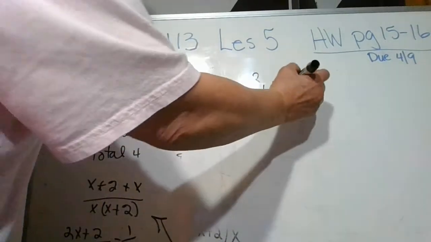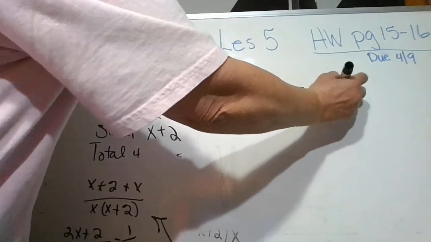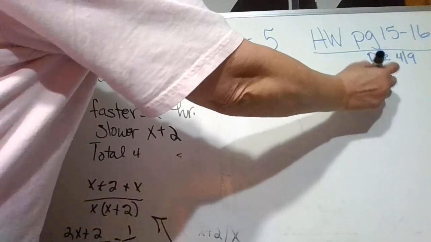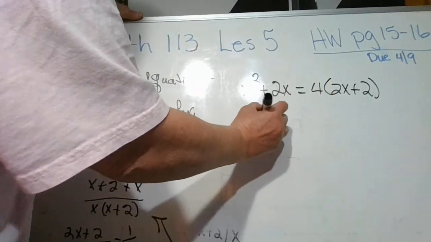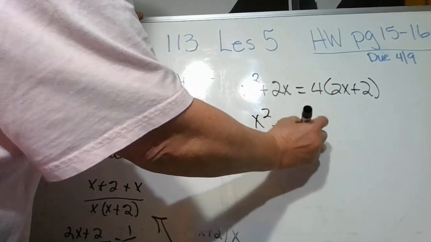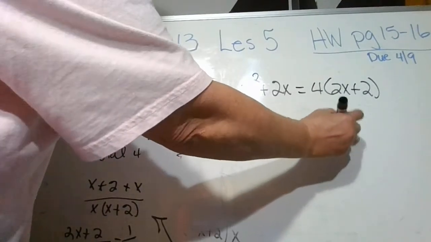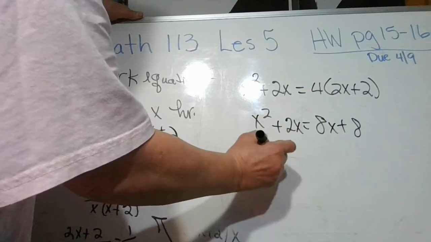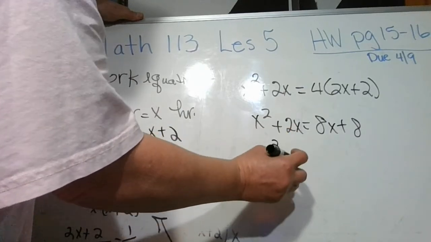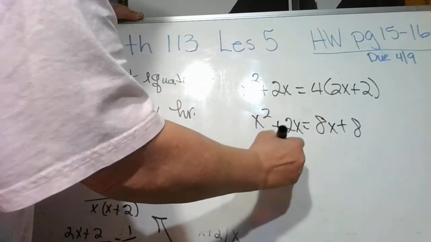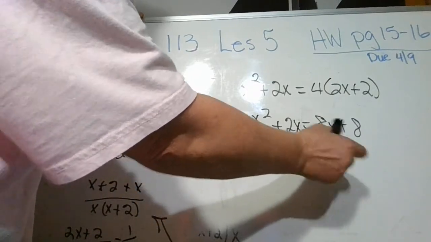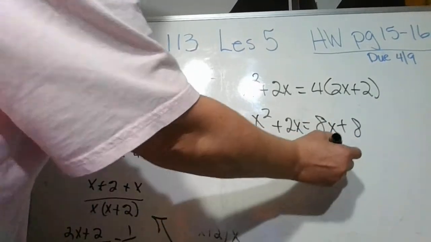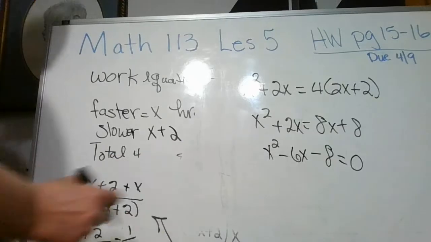And then I have that equal to 4 times 2x plus 2. So x squared plus 2x is equal to 8x plus 8. So I'm going to have x squared, bring this over here, minus 6x minus 8 equals 0.